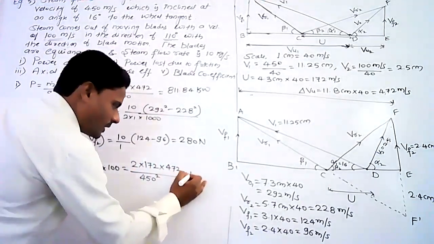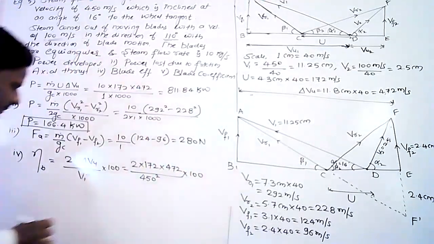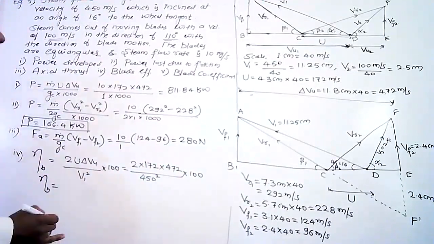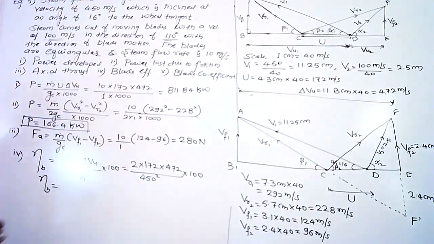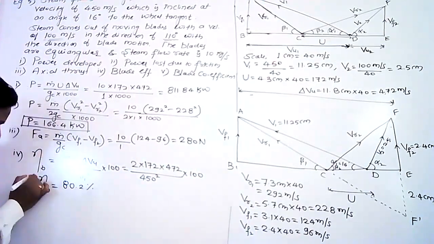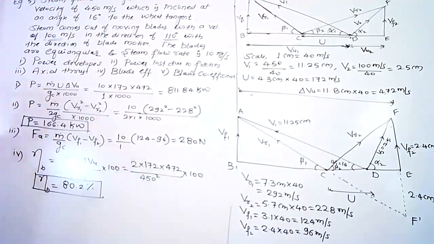And of course, you can multiply with 100 to get the efficiency in terms of percentage. So if you calculate, the answer for this blade efficiency is 80.2%.